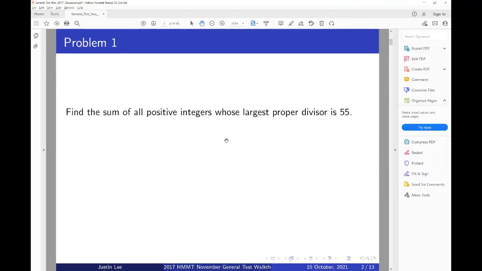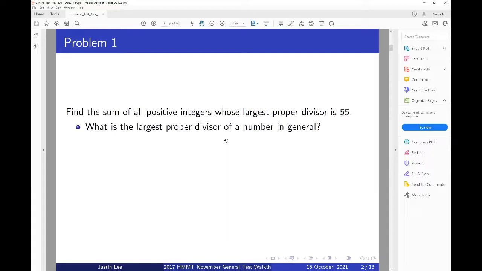So number one: find the sum of all positive integers whose largest proper divisor is 55. What we want to do is classify what the largest proper divisor of a number is in general. If we have a number n, the largest proper divisor is a divisor of n, so it's n divided by some integer.